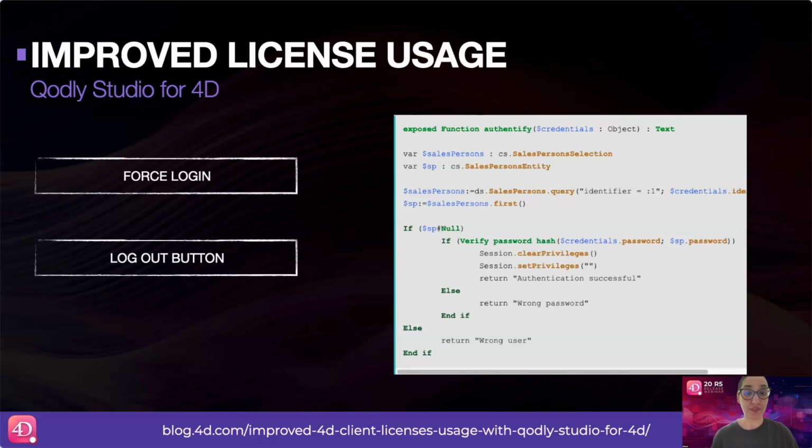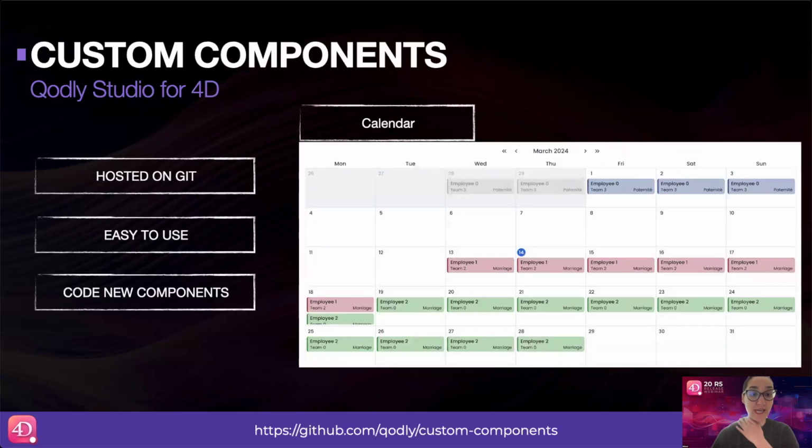And for the next feature, we have the support of custom components. Custom components are user-created building blocks developed to address unique requirements or introduce specific features not covered by the default set of Qodly Studio for 4D built-in components.